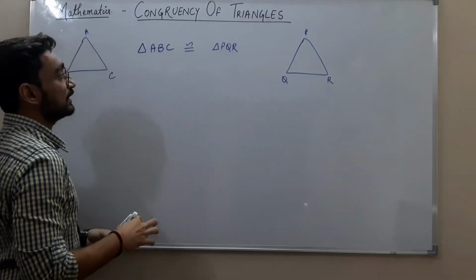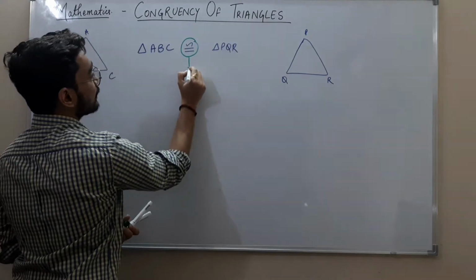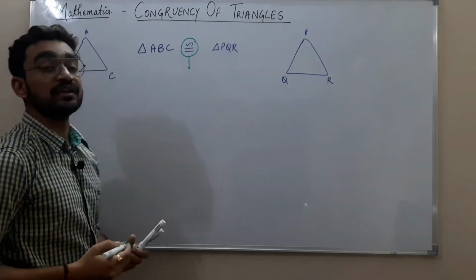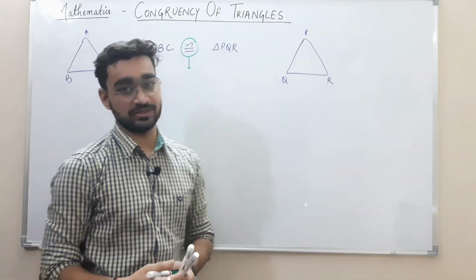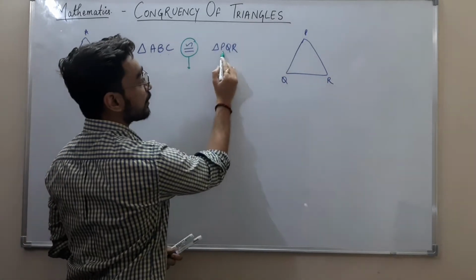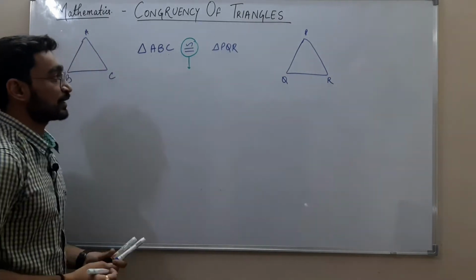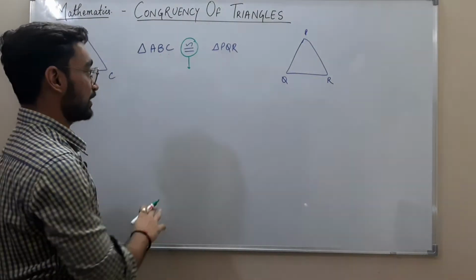This symbol indicates that both triangles are equal to each other, that they are congruent to each other. I can say that triangle ABC is congruent to triangle PQR. So this symbol itself indicates that they are congruent triangles.